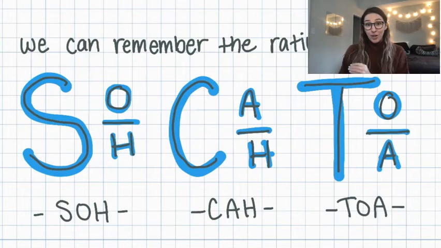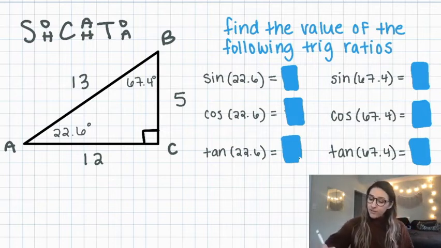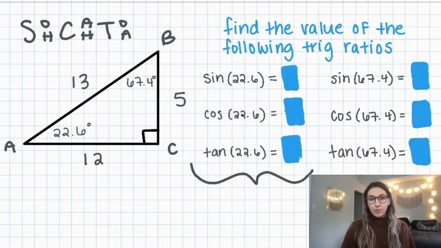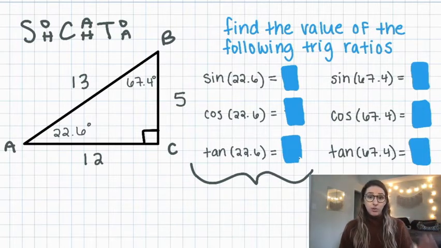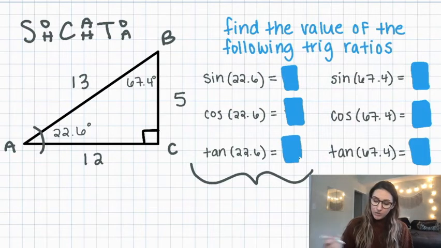Okay, let's go through one example here, just finding the values of different trig ratios. So for these first 3 examples right here, I'm asking for sine, cosine, and tangent of 22.6 degrees. So that means this is the angle we are focusing on, which means I would start off very quickly by just going ahead and labeling the sides.